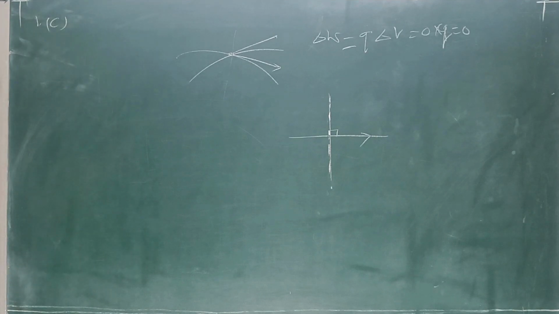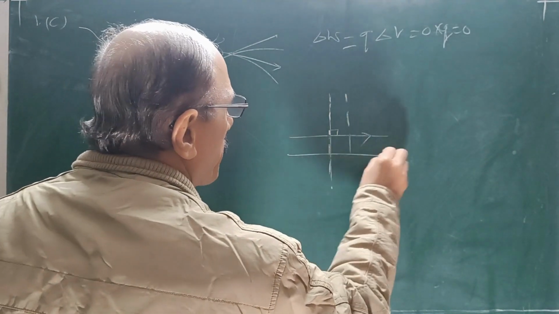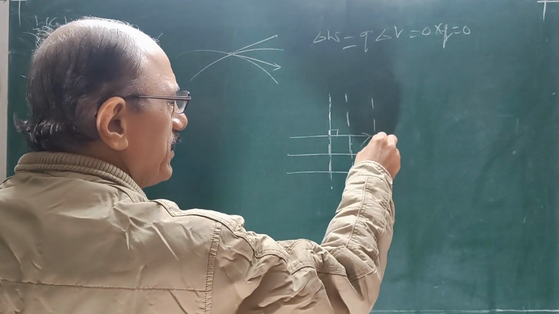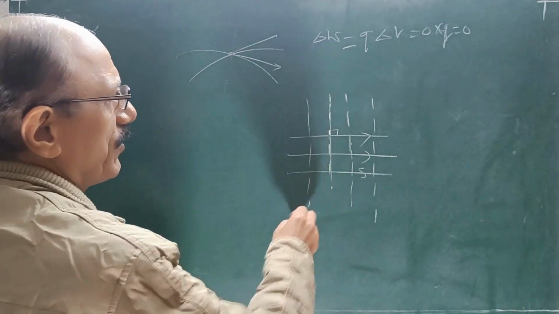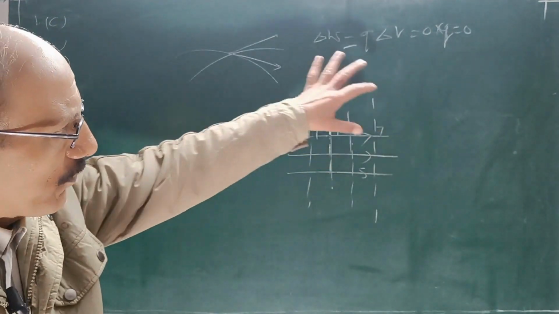And third, for a uniform electric field, they are concentric spheres. The electric field is parallel like this, so equipotential surfaces will be perpendicular to these, always at 90 degrees. So they cannot be spherical.